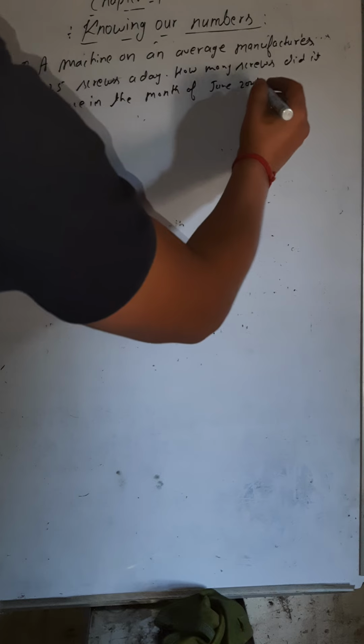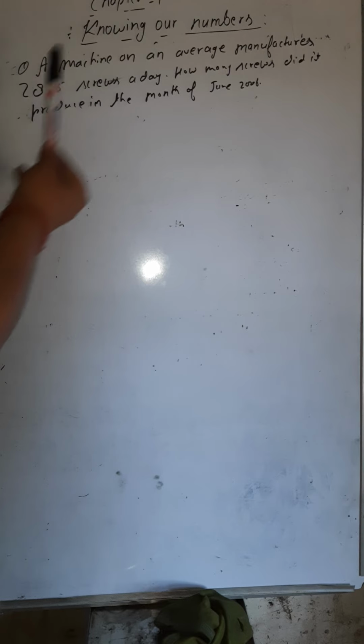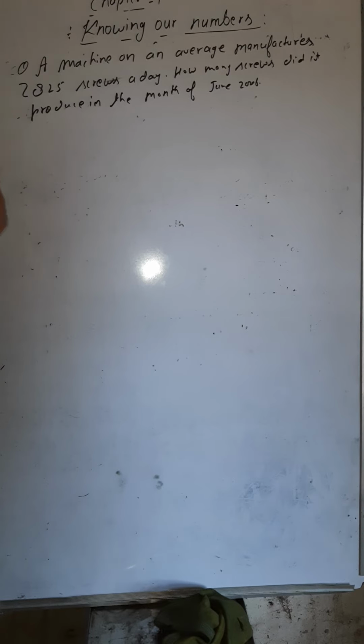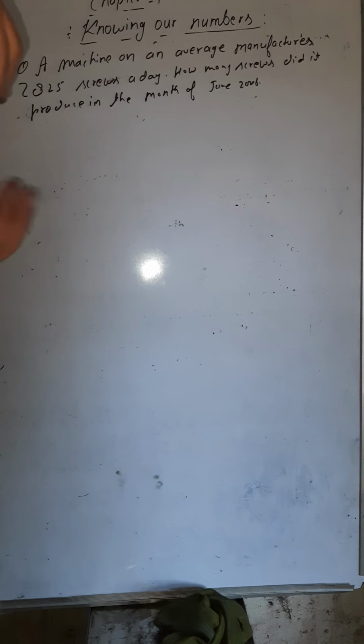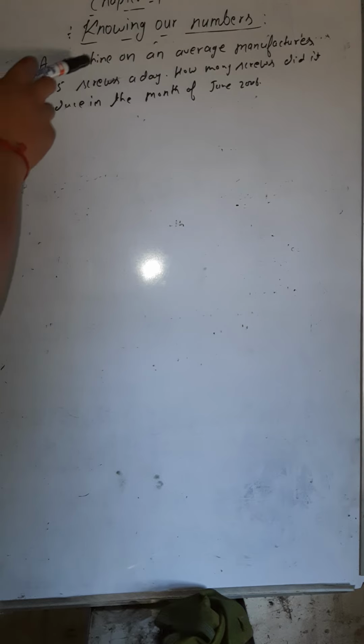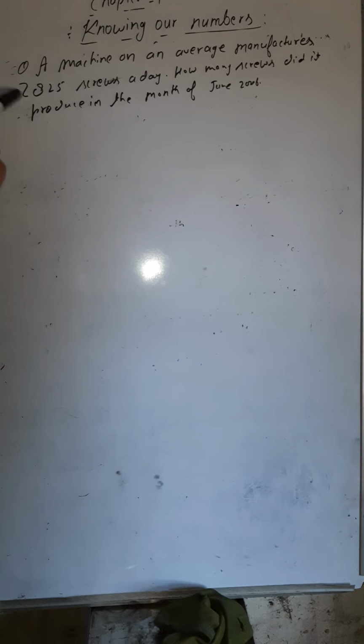So the question is, there is a machine and that machine manufactures 2,825 screws in one day. These are the screws you must know, which are helpful for putting in the nails, etc. So in one day you have how many screws? 2,825.